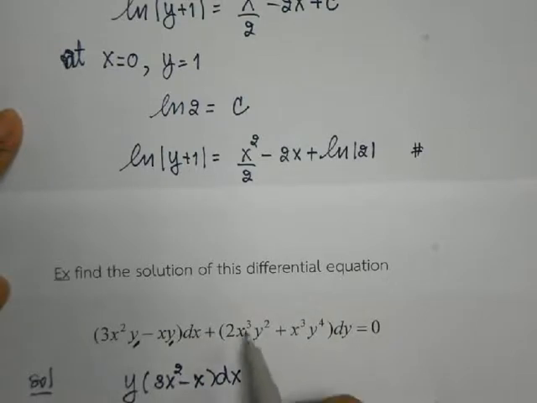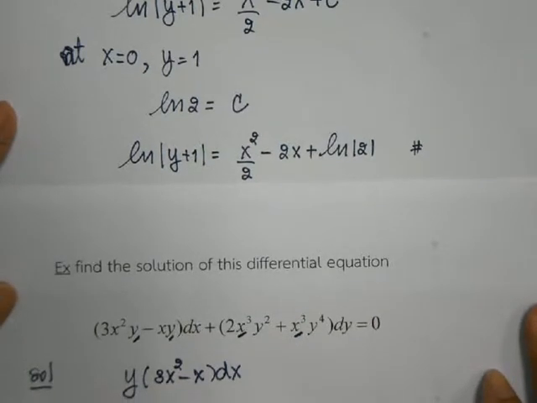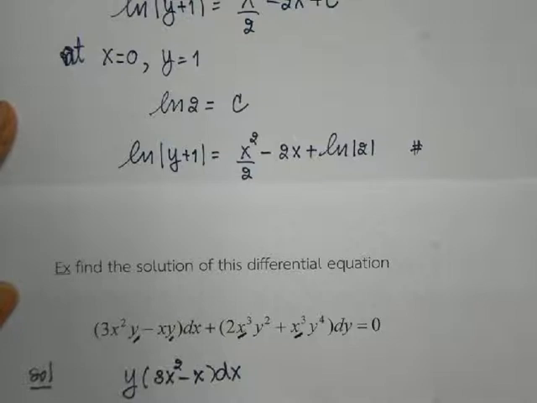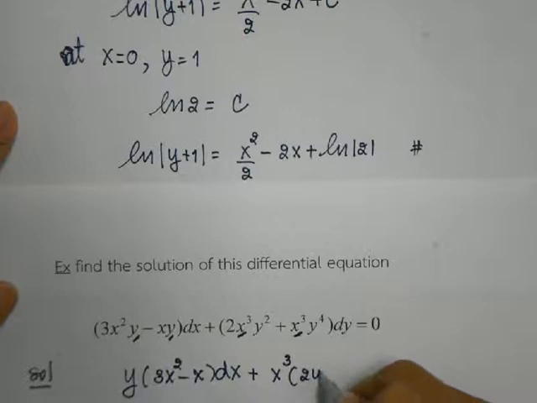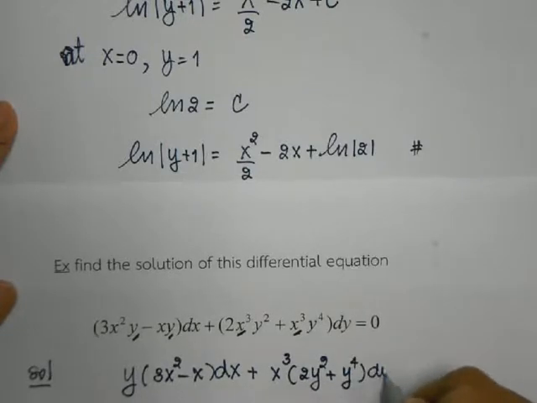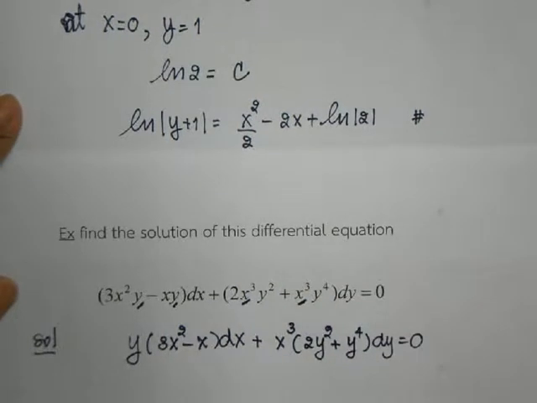And then if you look at this, you have x to the power 3 and x to the power 3. If you take it out, you can separate x and y from each other. Then you put dx with x and dy with y.